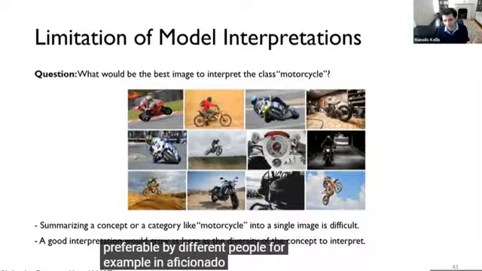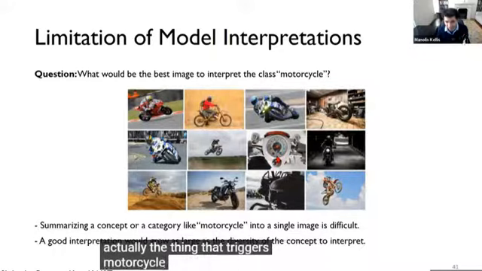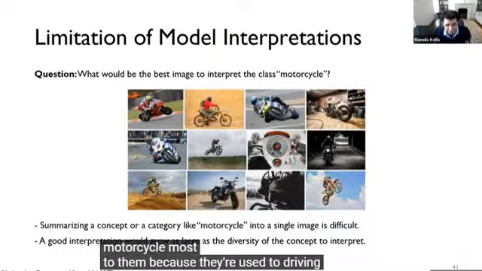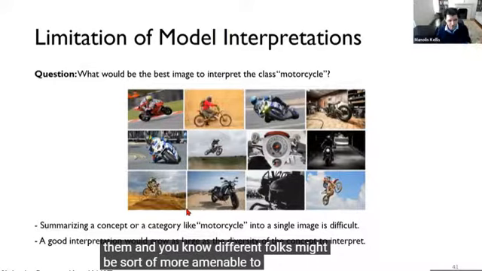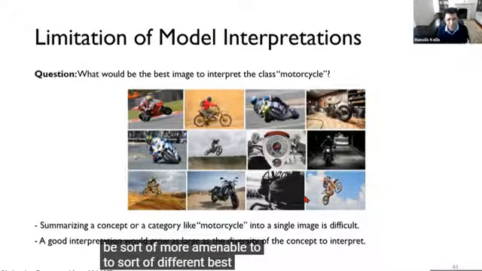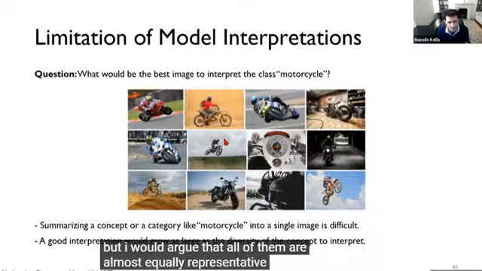For example, an aficionado of motorcycles might think that this is the thing that triggers motorcycle most for them because they're used to driving them, and different folks might be more amenable to different best representatives of the class. But I would argue that all of them are almost equally representative.